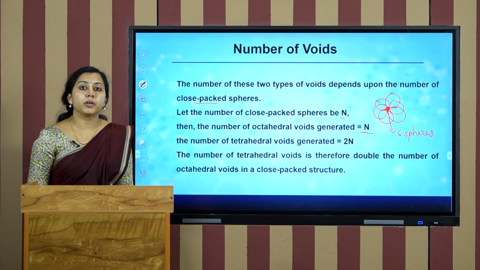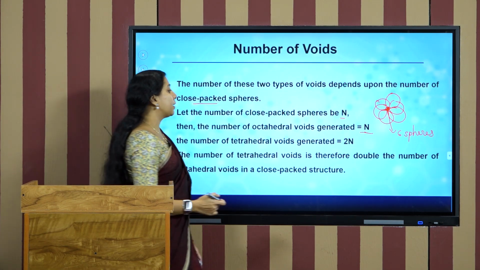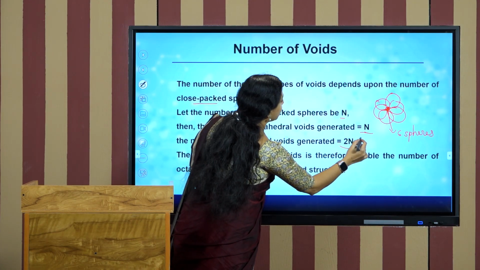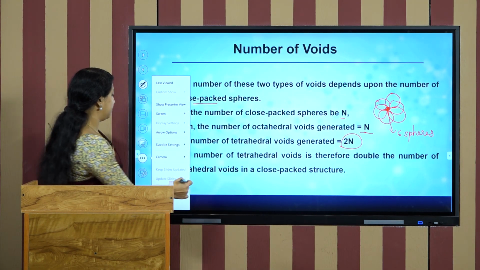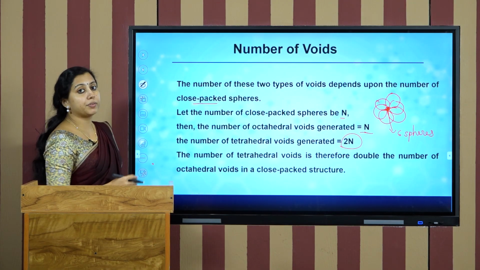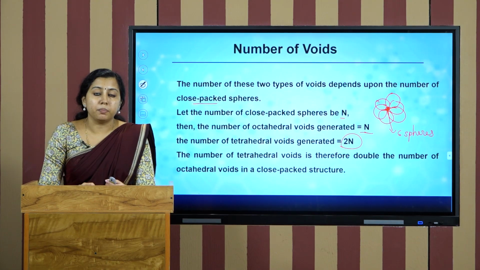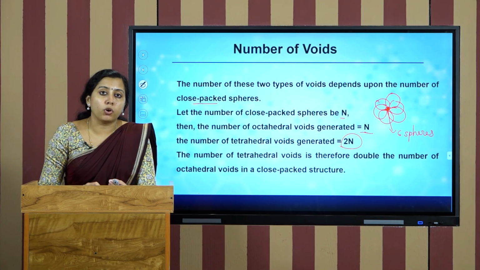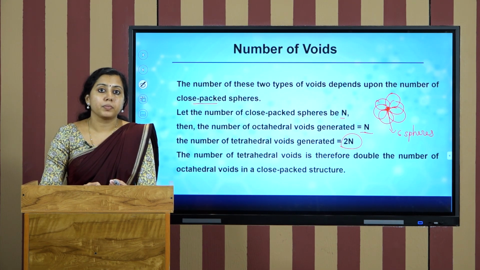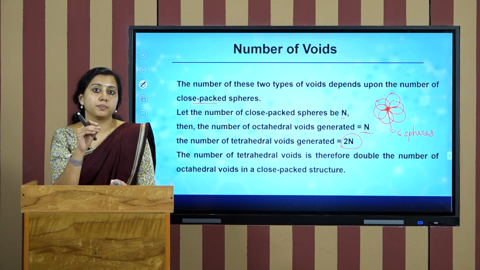Now, what will be the number of tetrahedral voids? The number of tetrahedral voids generated will be equal to 2n. So, if there are n number of close packed spheres, there will be 2n number of tetrahedral voids. In the formation of a tetrahedral void, we can see that each void is surrounded by 4 spheres.